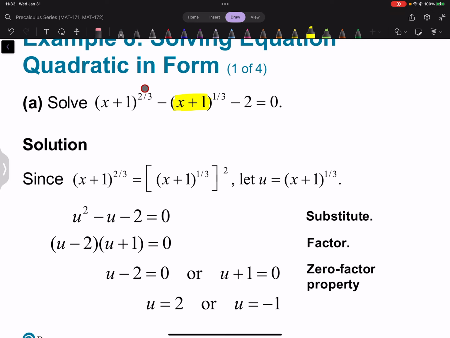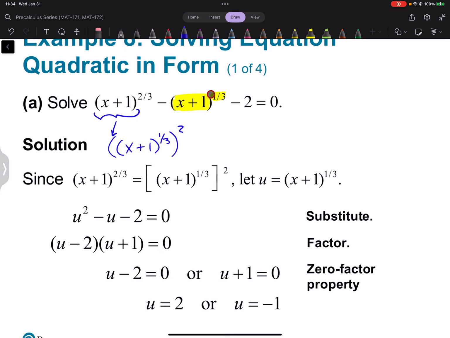So technically, I could write this term as the term that I have highlighted raised to the second power. So I have x plus 1 to the 1/3 power, and if I raised that to the second power, I would still end up with what I had here.